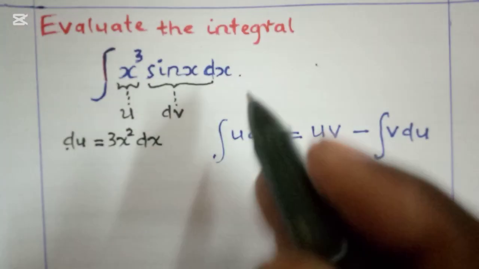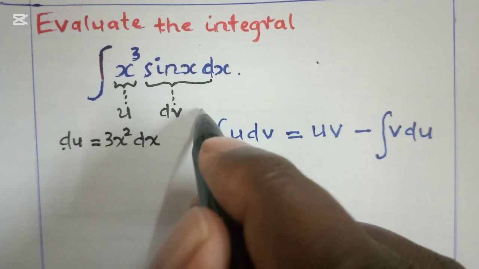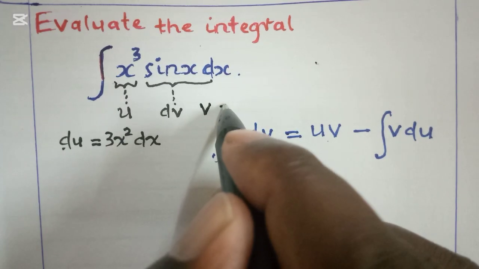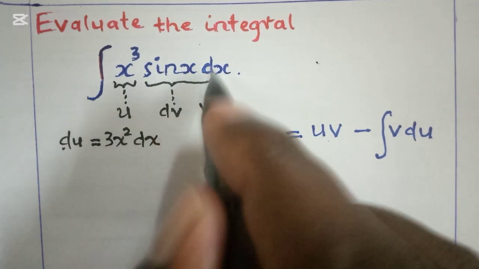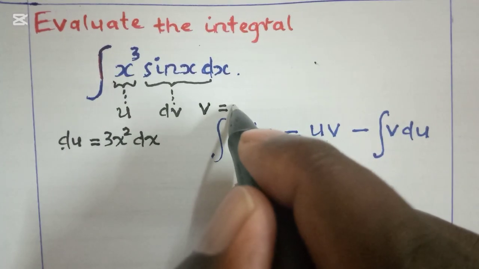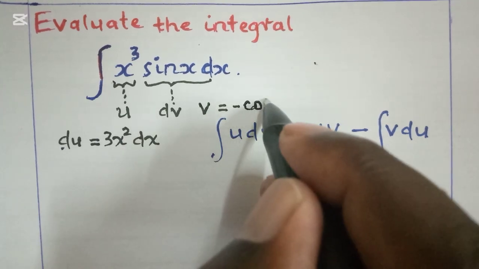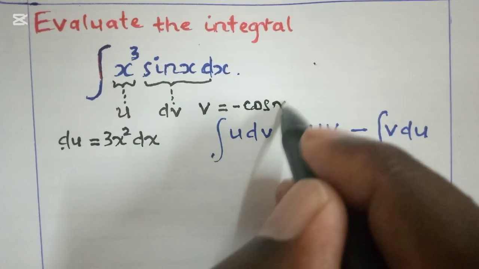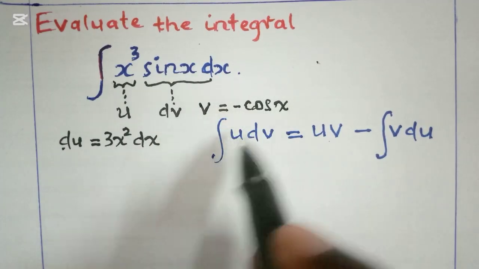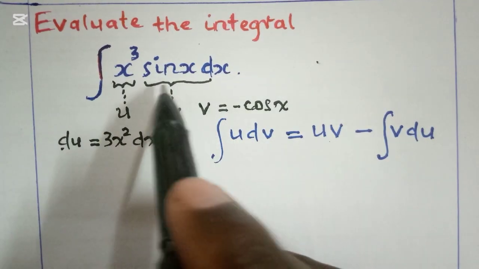And then guys, I now come for v. When we come for v, we are actually integrating. So I integrate sin x. That one gives me minus cos x. And guys, it's always good to test by reversing, because when you reverse, you are able to know whether you are correct.